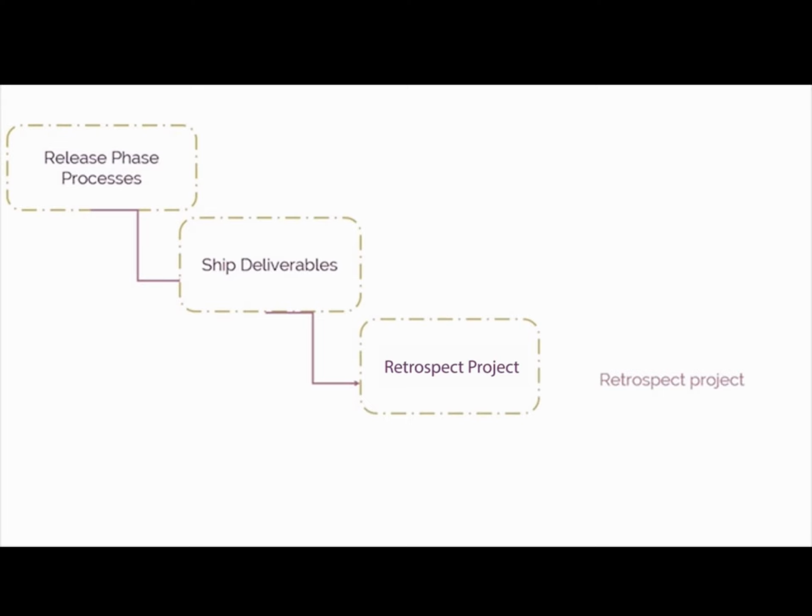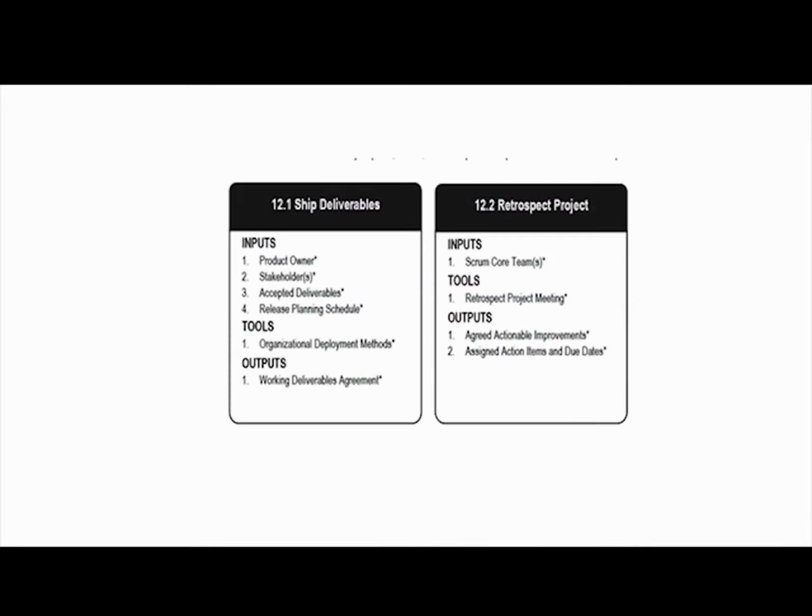In this process, which completes the project, organizational stakeholders and Scrum core team members assemble to retrospect the project and identify, document, and internalize the lessons learned. Often, these lessons lead to the documentation of agreed actionable items to be implemented in future projects. We have a diagram here to show the mandatory inputs, tools, and outputs for processes in the release phase.